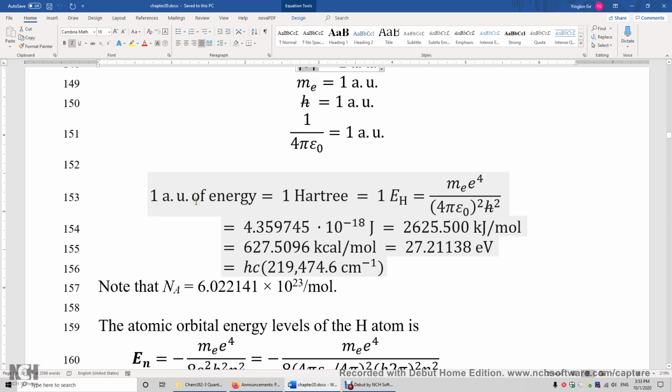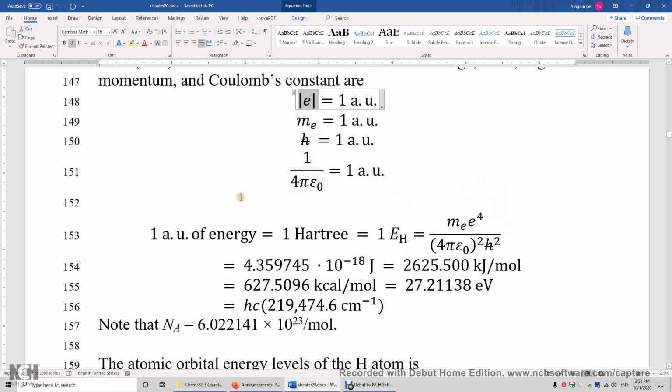So 1 atomic unit of energy can be derived based on the 4 fundamental atomic units. 1 atomic unit of energy is also called 1 Hartree, or 1 E sub h, and over here this is the expression of 1 atomic unit of energy.